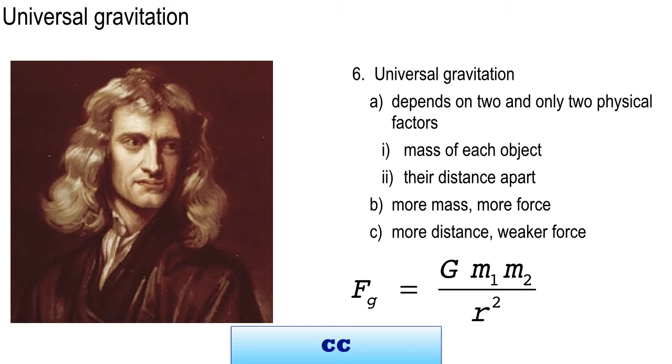Now, what is the constant G? The constant G is a number. You can look it up on the internet. It is a conversion constant. At least it started out as a conversion constant. Kind of like when you're converting from Fahrenheit to Celsius, you have to either multiply by 9/5 or multiply by 5/9.